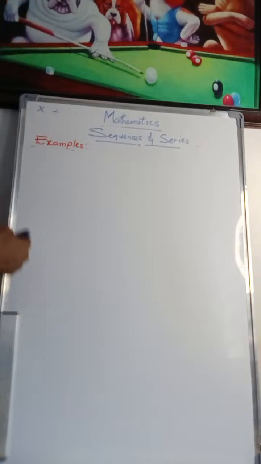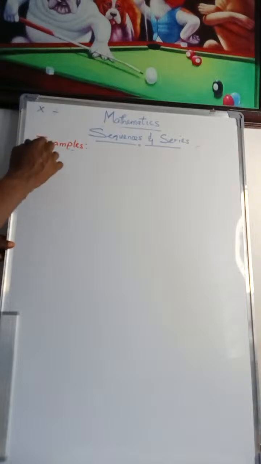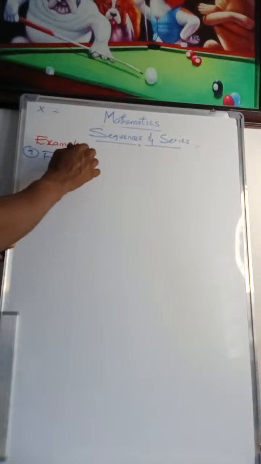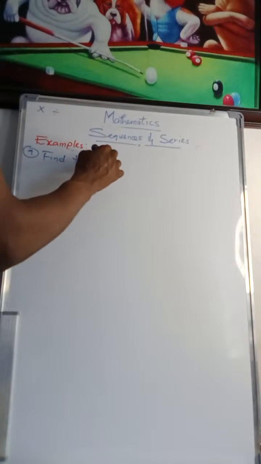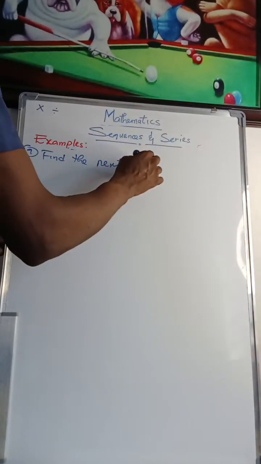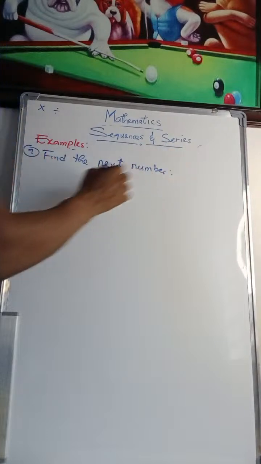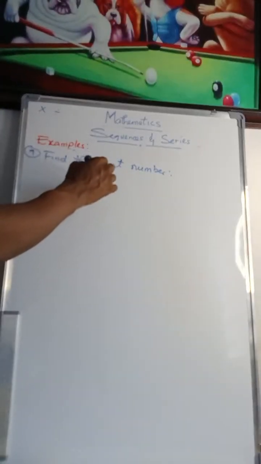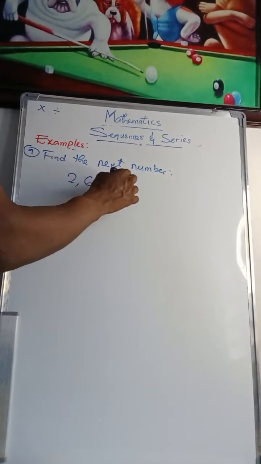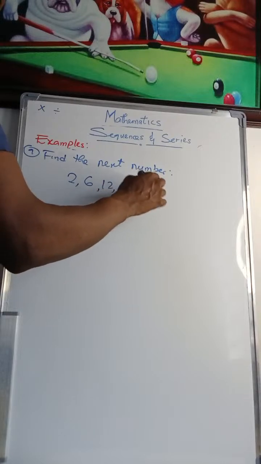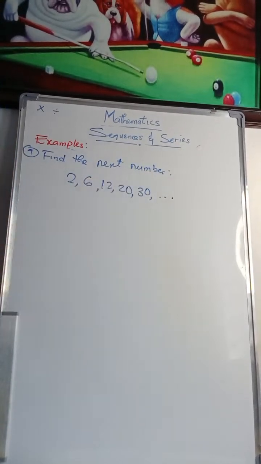All right. So find the next term, or the next number. We have 2, 6, 12, 20, 30. Right, so I want us to find the next number.